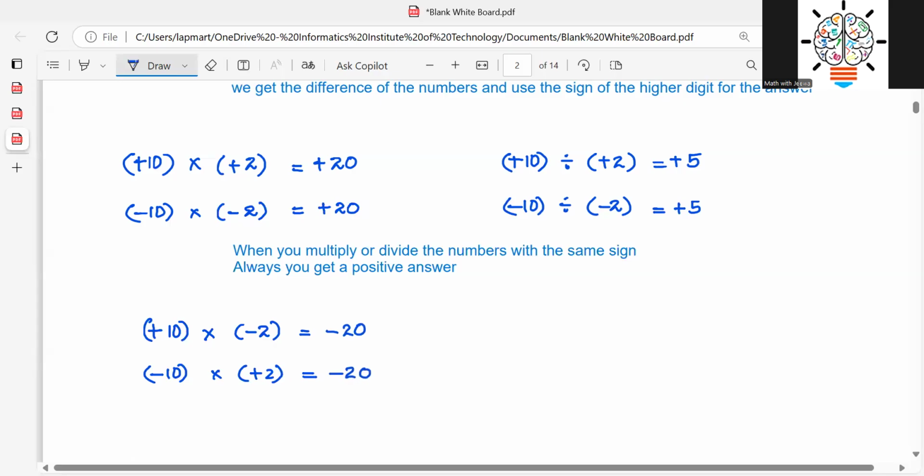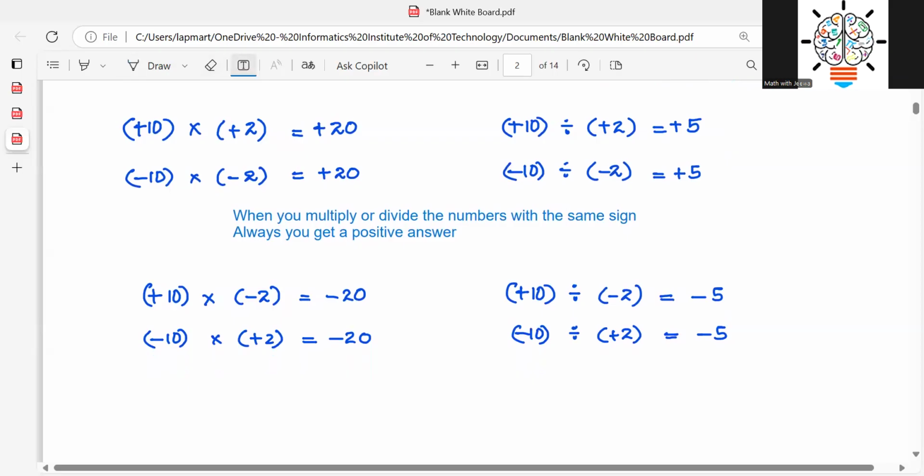So positive times negative, negative times positive, again it is negative. The same way, if you divide positive 10 by negative 2, or negative 10 by positive 2, you know that 10 divided by 2 is 5, but this will be negative 5.